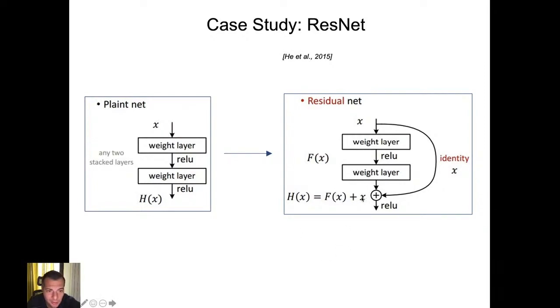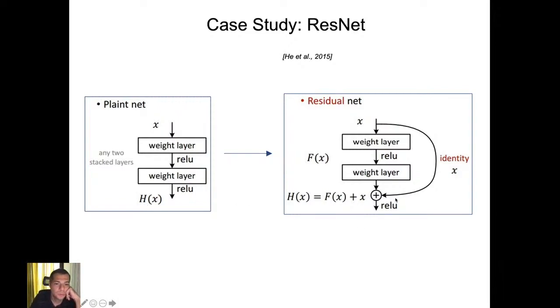They just take the activation maps from this layer and add them up here, and they obtain the output h, which corresponds to this output here.